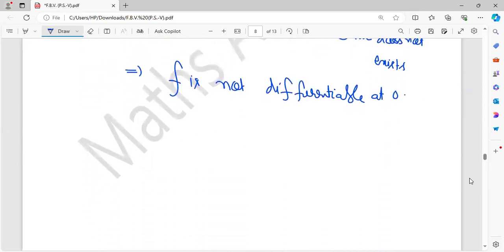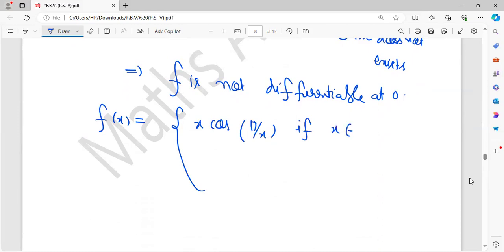Now we have this one. f(x) is equal to x cos pi upon x if x belongs to (0, 1], and 0 if x is equal to 0.